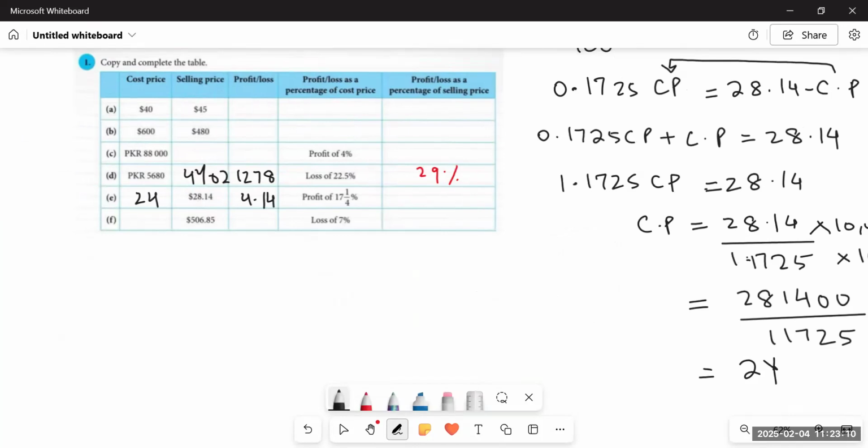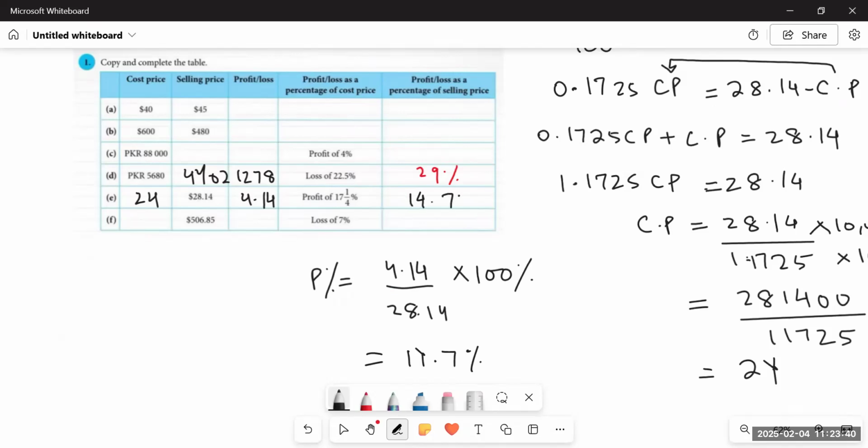So we will find this percentage by putting the profit in the numerator, the selling price in the denominator, and multiplying it by 100%. And since there is a profit, we'll get a percentage of profit, and this would be 14.7%.